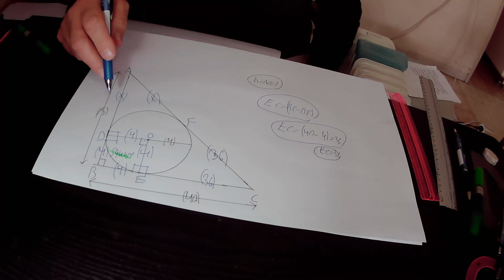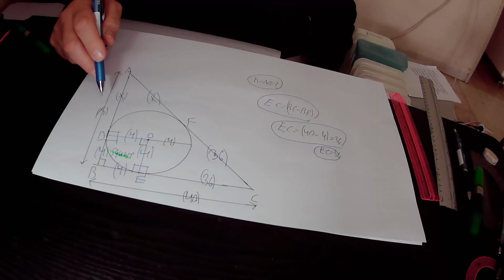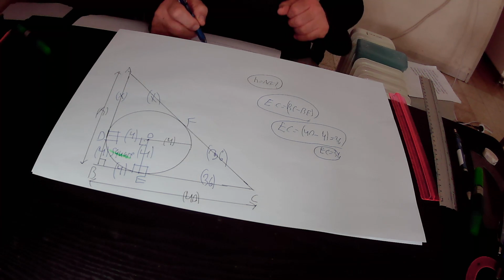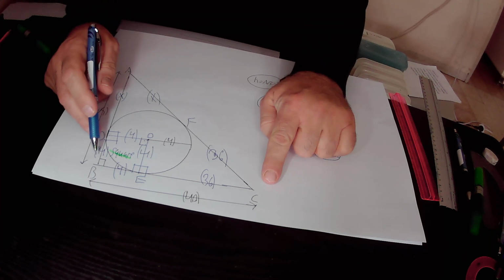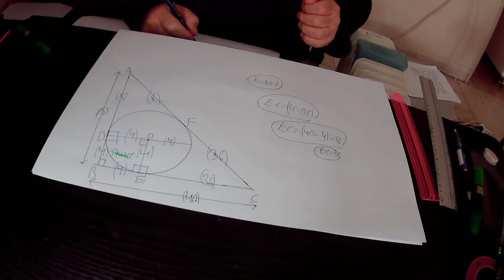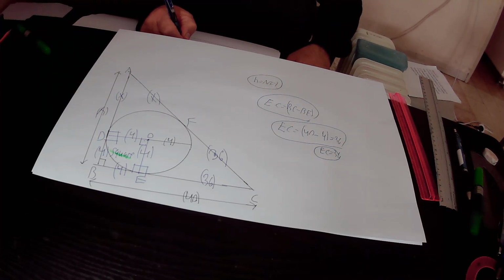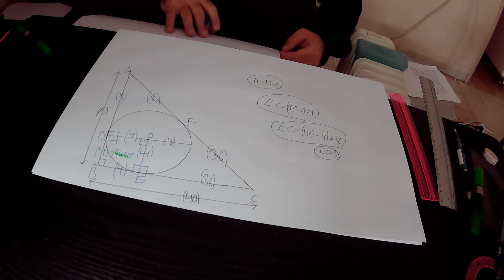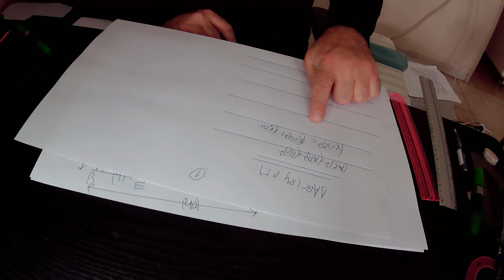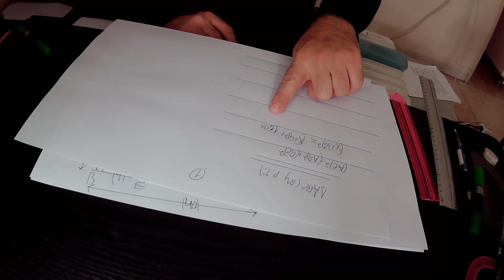AB is x plus 4, therefore AB square is (x plus 4) square. Plus BC square. BC is 40, therefore BC square is 40 square, that is 1600. So in total, we find that (x plus 36) square equals (x plus 4) square plus 1600.